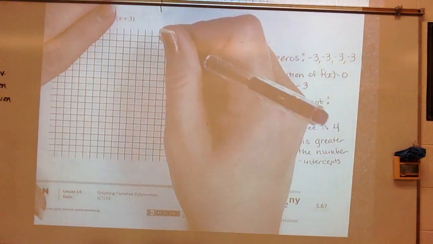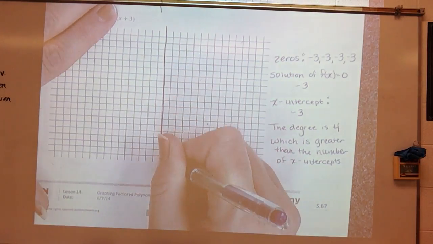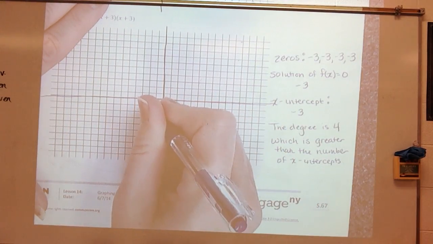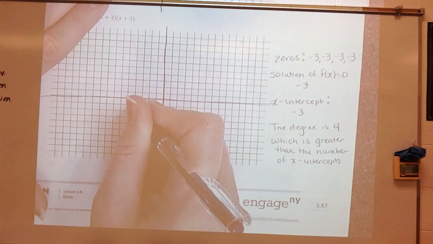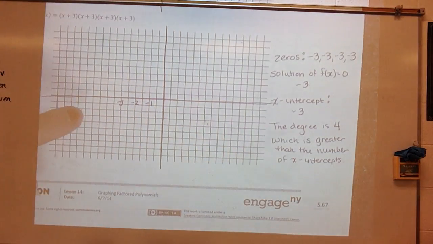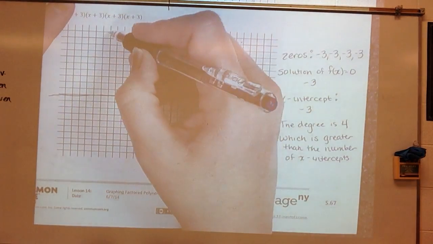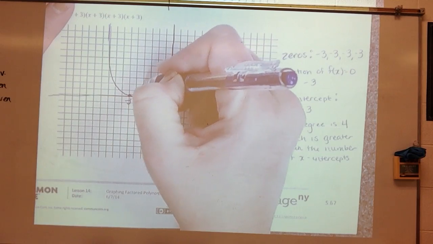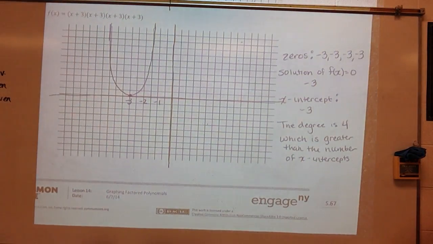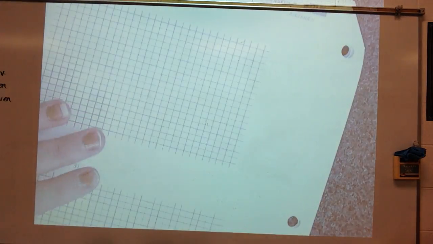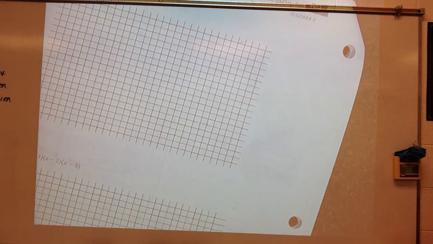All right, if I were to graph this, I have an x-intercept at negative 3, and my graph would look like this. It only touches the x-axis at negative 3. All right? This lesson's a long one, guys, so just kind of bear with me.